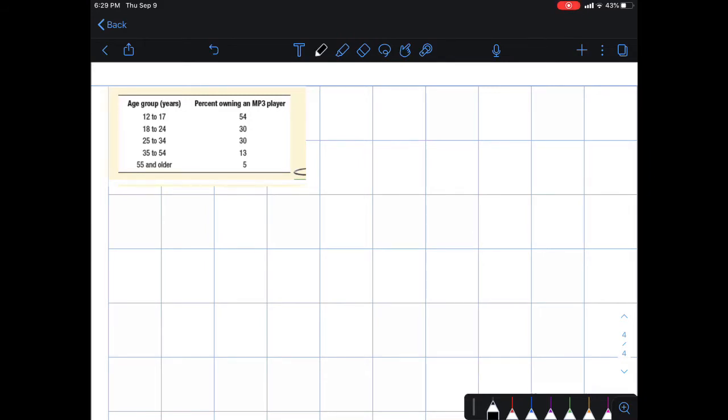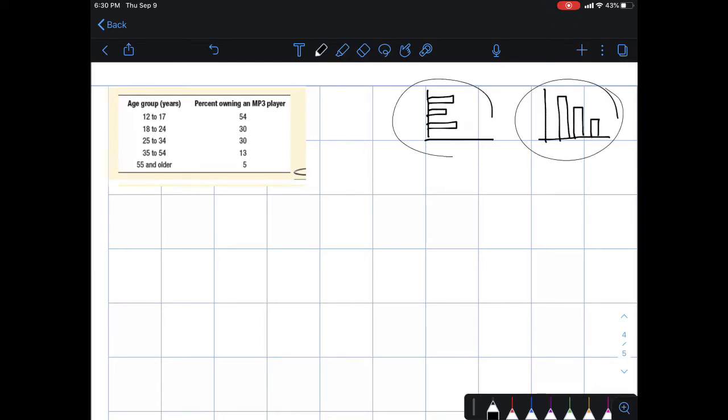So it really doesn't matter. I could do my bar graph where it's on its side, like this with bars like this. Okay, that's on its side, right? Or I could do it like this where it's vertical. Most of the time you see them that way, right? In this case I'm going to use vertical bars, okay?